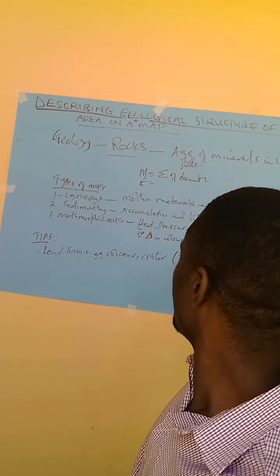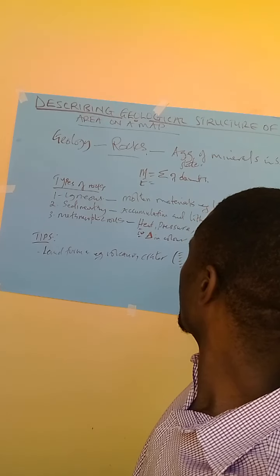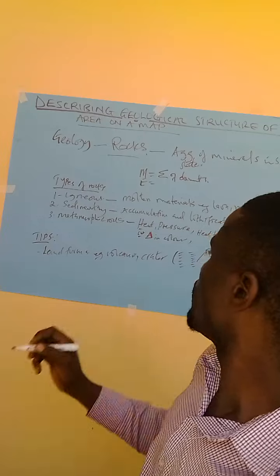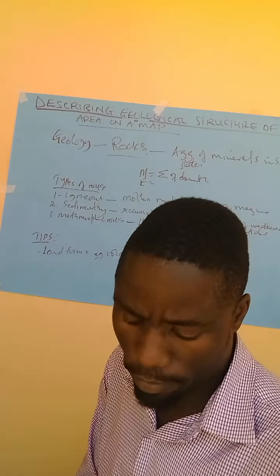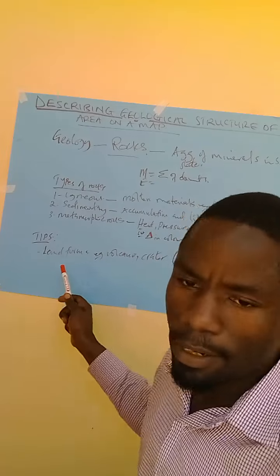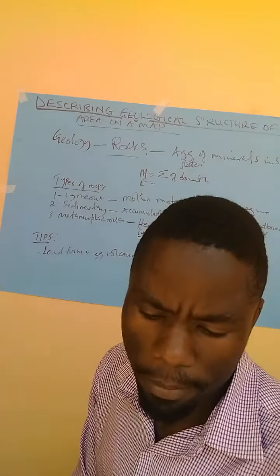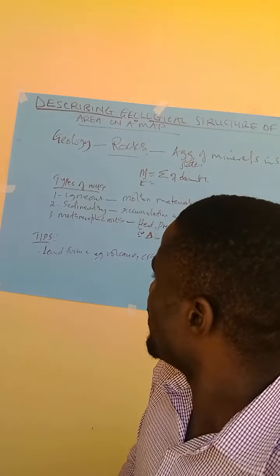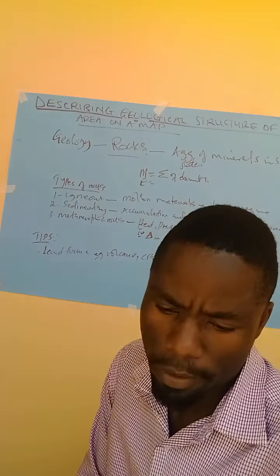But we should know that when we see this, we are seeing a crater. A crater is always having igneous rocks, and craters are very common on topographical maps. So that can also help us to know that the area has these types of rocks.